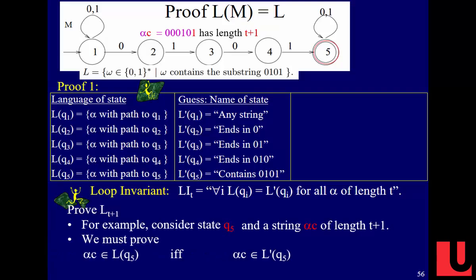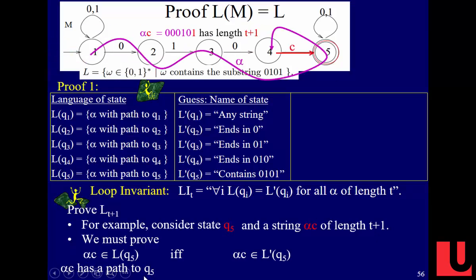We have to prove that this string is in this set if and only if this string has the name we said it should have. This says there's a path to state 5 if and only if it has this name. So how do we do that? Well, this says it has a path to state 5.